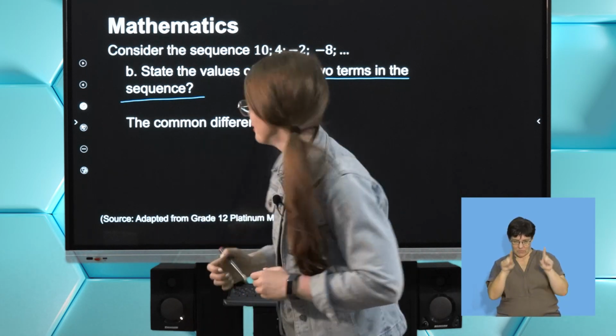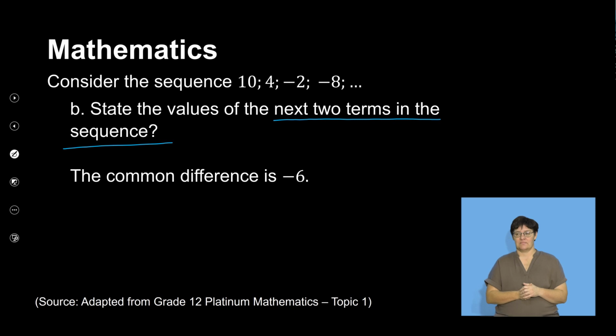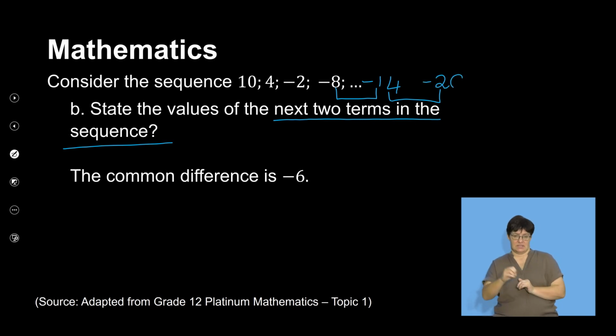Let's go to the board. So I'm going to subtract 6 over here. Negative 8 minus 6 will give me negative 14. Then I'm going to subtract 6 again, which is going to give me negative 20. So the next two terms of the sequence are negative 14 and negative 20.